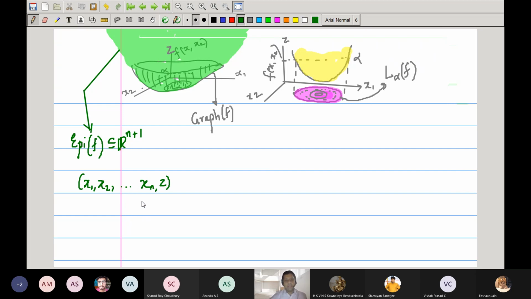So if let's say this function is convex, this is a representation. Say this is a point in the epigraph of f, a canonical point in the epigraph of f. And our claim is that the function f is convex if and only if its epigraph is convex.